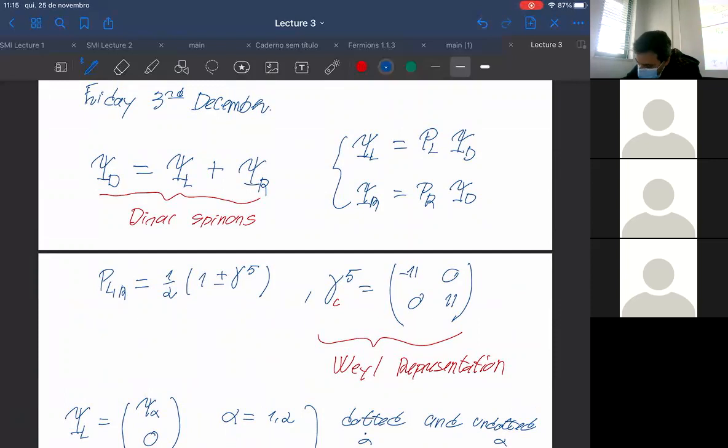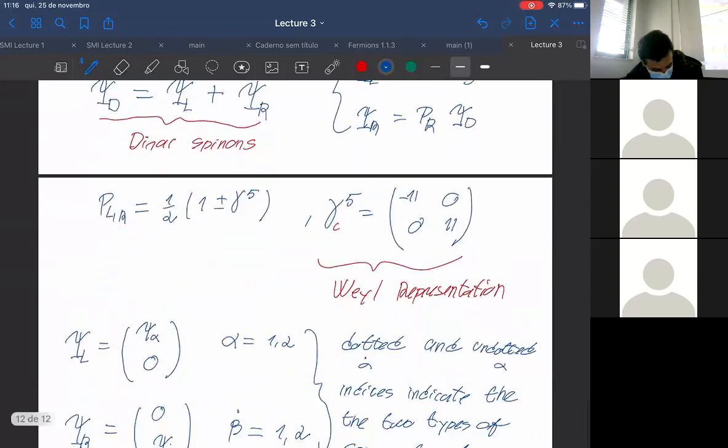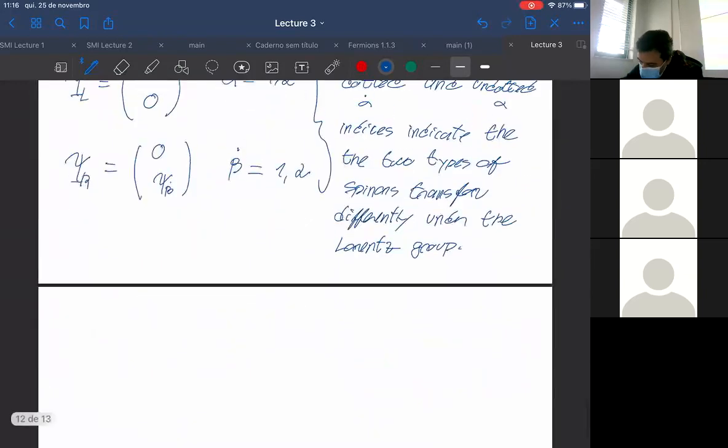You will see there are nice things that you can do when you have these dotted and undotted indices. There is a metric for this space, epsilon alpha beta or epsilon alpha dot beta dot; let me put upper indices here.